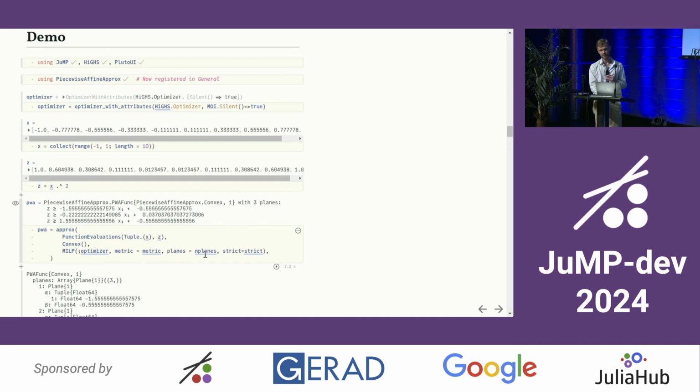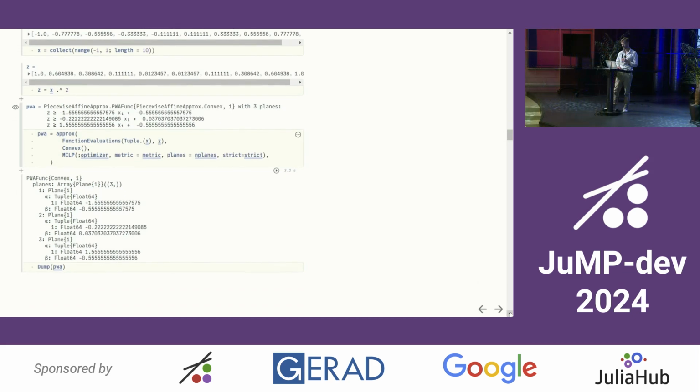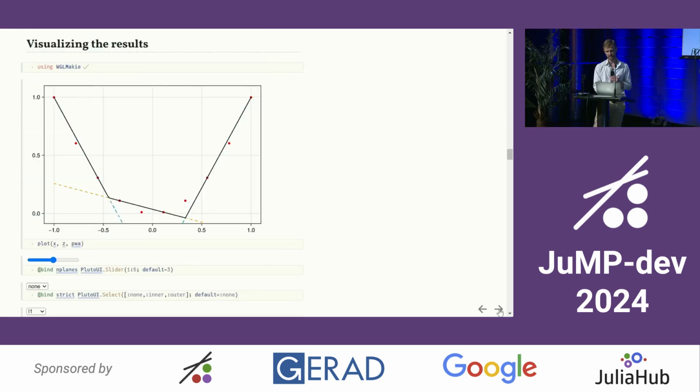You can supply the number of planes that you would like to have in your approximation, and we have some options also for how your approximation should be, if it should be just the best fit, or if it should be an outer or inner approximation. And then you get back this object that encodes the result of this, and that includes all of the different planes that were calculated by the method that you chose, basically.